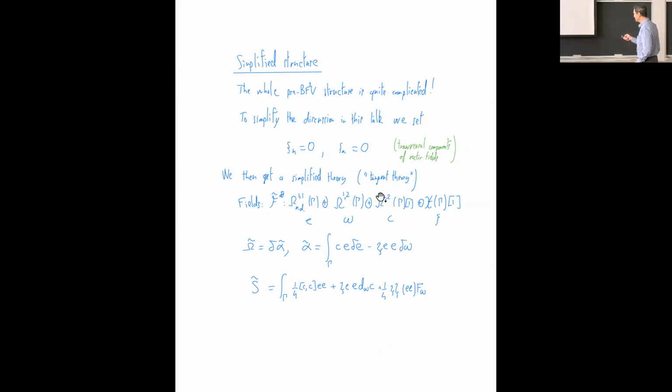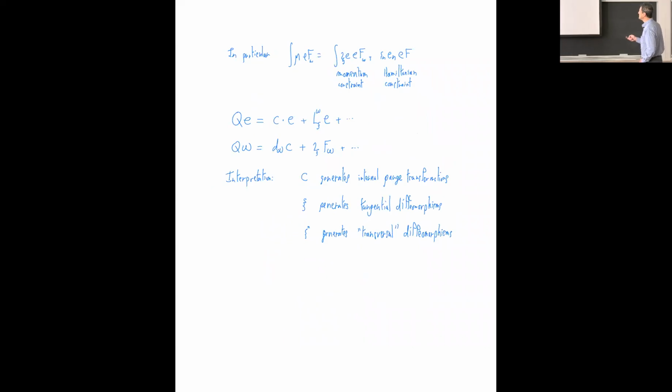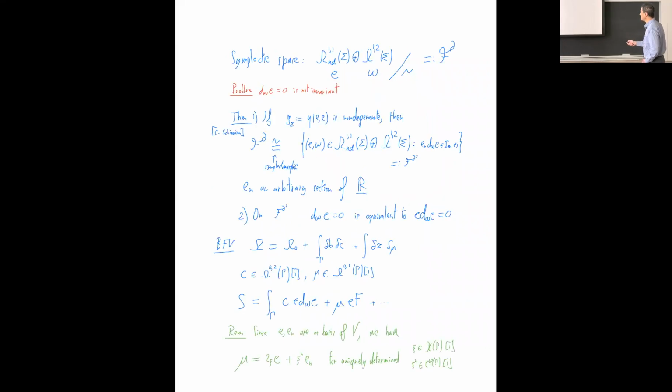The ghost mu that you need for these equations is actually a section of V, so you can expand it in the basis given by E and En. You represent it in terms of a vector field psi and some function psi n, which you used to think of as the transversal vector field.